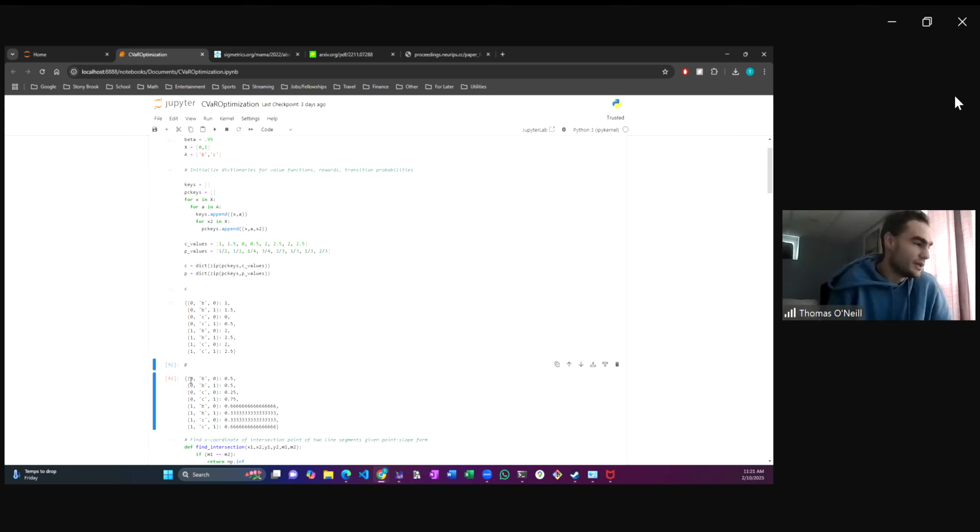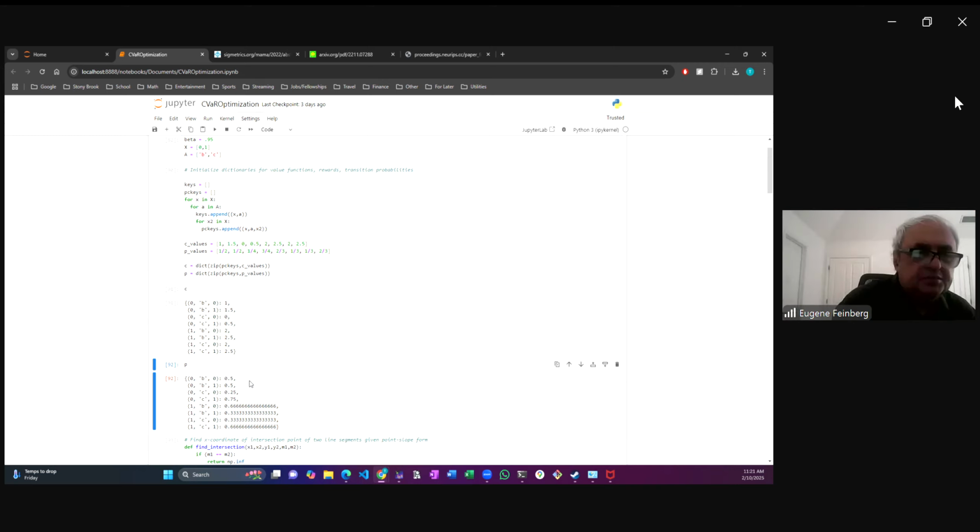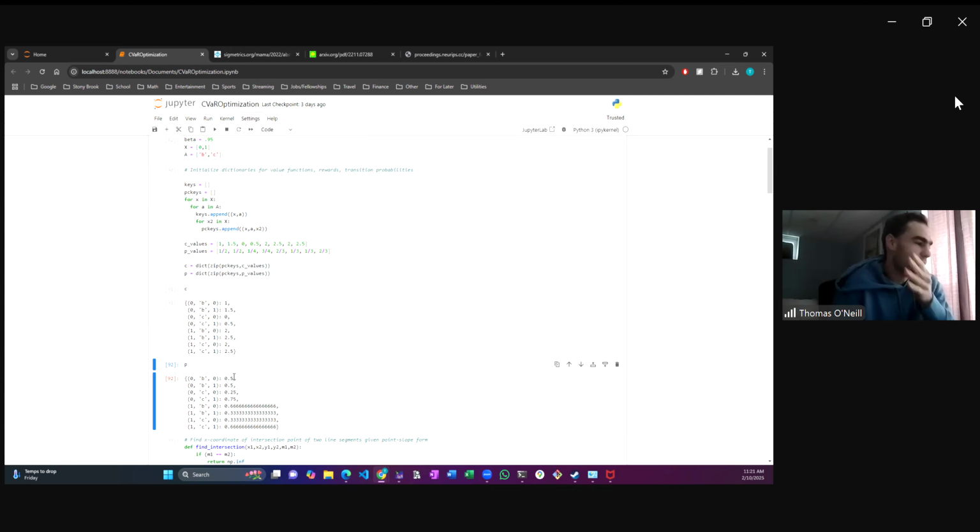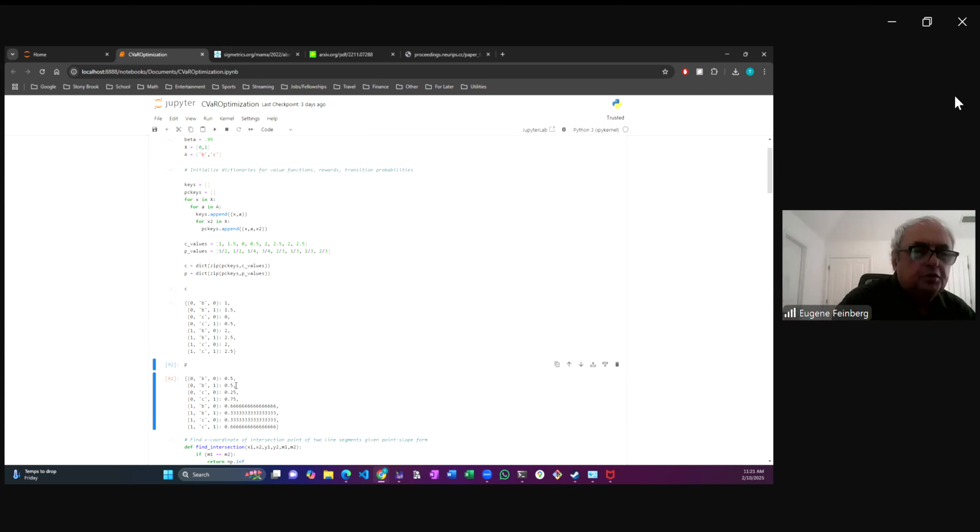And if you do action B, this is the probability that you go from 0 to 0 if you do action B. Just a second. What is the probability 0, B, 0? That's the probability of staying in state 0 if you do action B. The nature does action B, and you do action A.